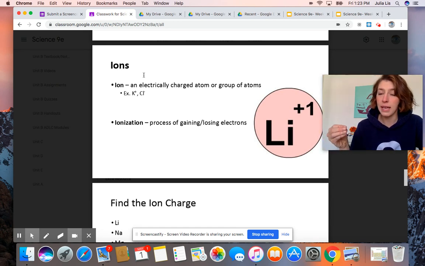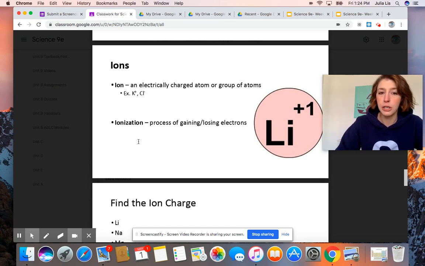If an atom or an element gains or loses an electron, we then call it an ion. We won't just say atom or element anymore because it has that charge. So ion means that you have an atom that is electrically charged.